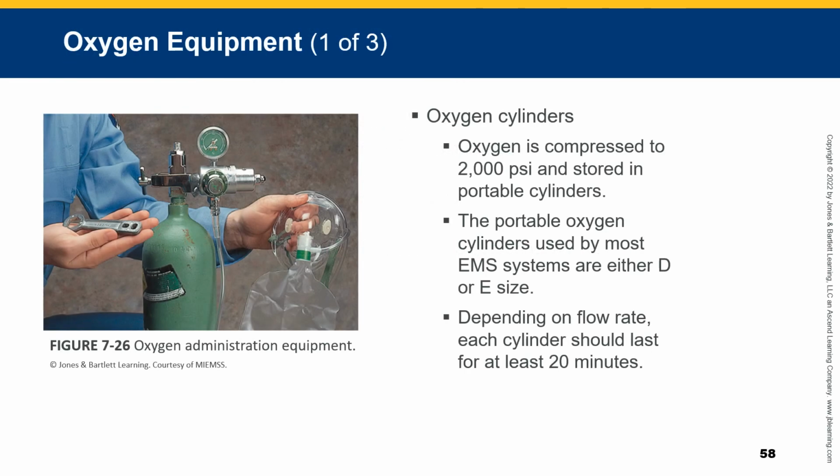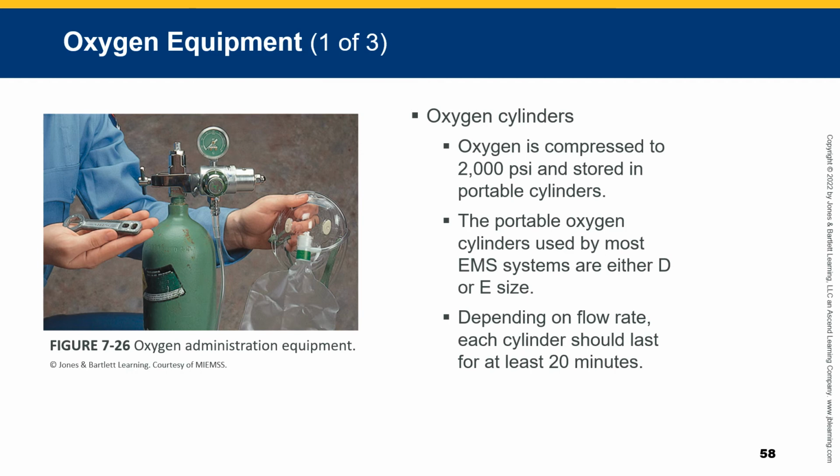Now we're going to discuss oxygen administration. Administering supplemental oxygen to a patient who is showing signs and symptoms of shock increases the amount of oxygen delivered to the cells of the body and often makes a positive difference in the patient's outcome. Oxygen equipment includes oxygen cylinders.